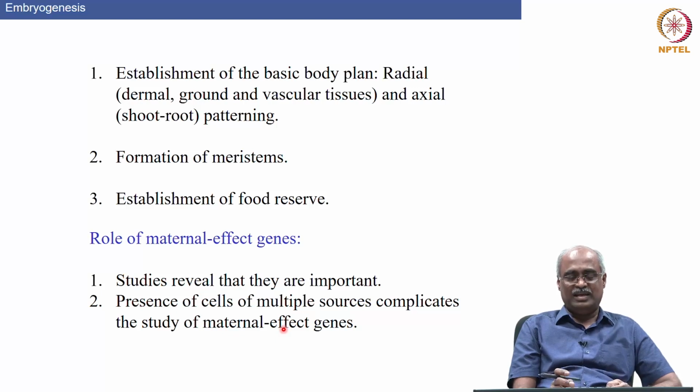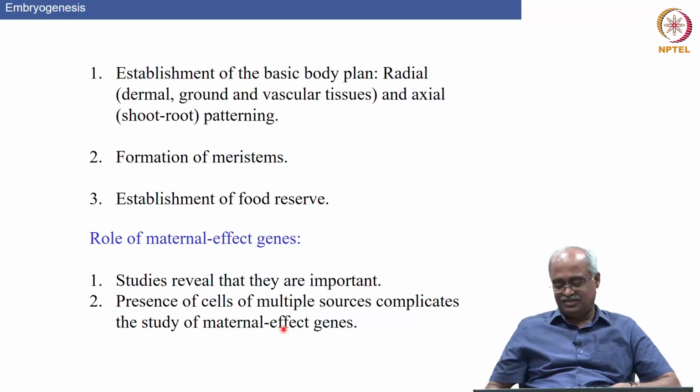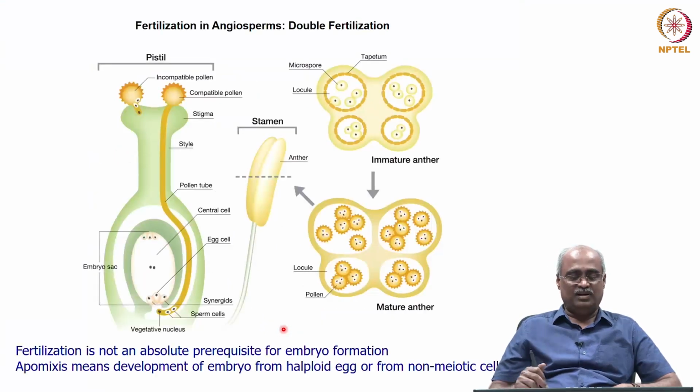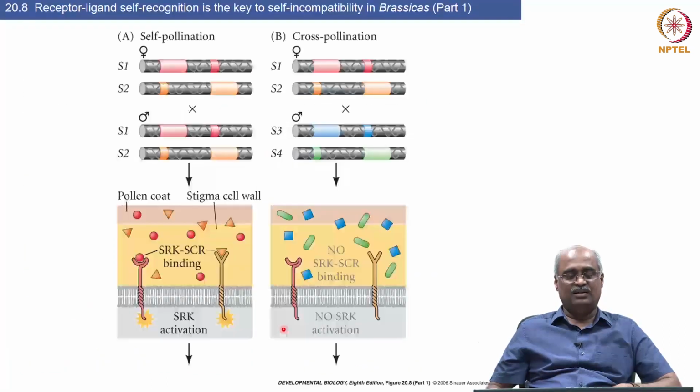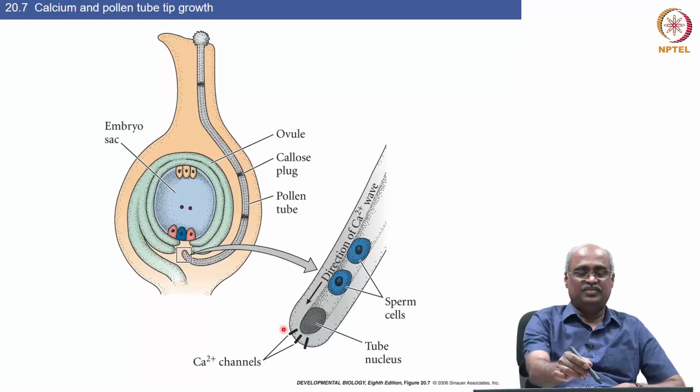Similarly, the embryo sac is deeply inside layers of maternal tissue. If you see this, this whole thing is maternal tissue. This is where fertilization happens, the integuments which are going to form the seed cover. So, this is maternal tissue having diploid cells.